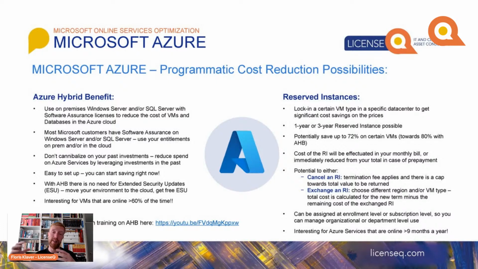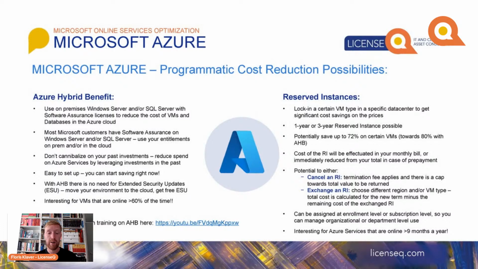Microsoft would say, okay, this is the value amount that was remaining for this RI. You can use that value amount to buy a new RI, and the additional cost for that new RI will be on your monthly bill, or again reduced from your prepayment.